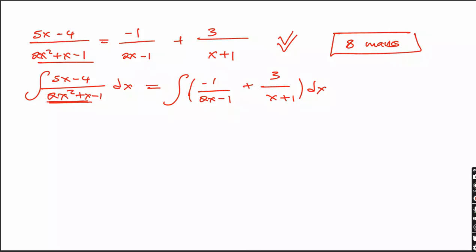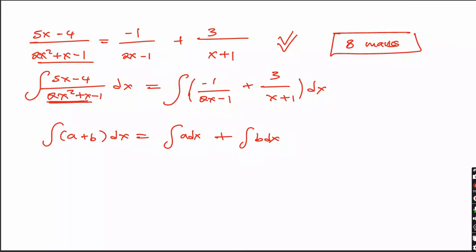From what I told you, you can remember that I said if you are integrating two functions, a plus b, we can integrate just by separating. So we're going to separate that.